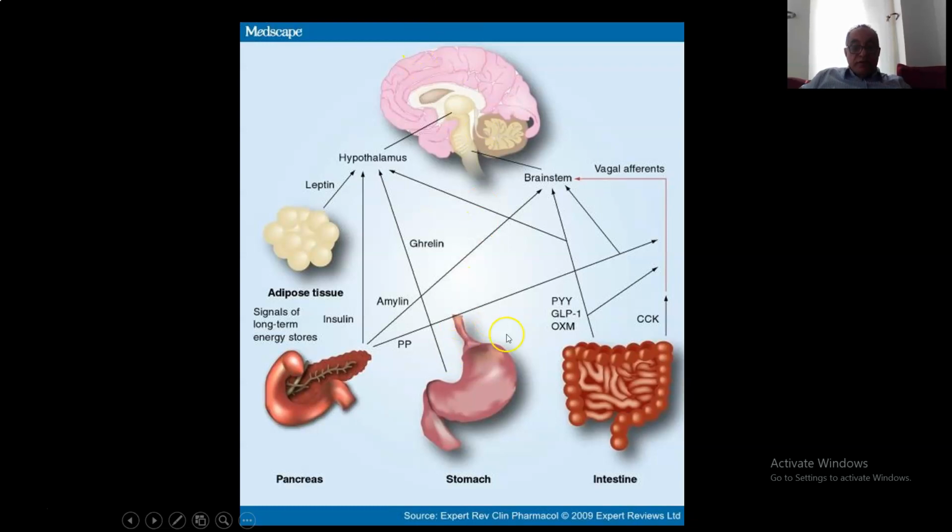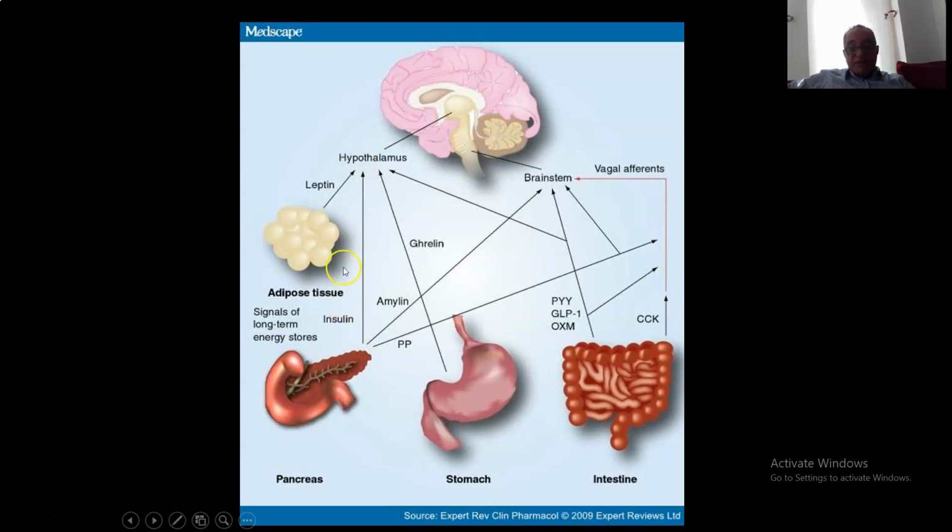Also, again, we have the information given from the stomach, from the pancreas, from the intestine, going back, vagal afferents, brainstem, and reaching at the end the hypothalamus to act. So, for instance, the adipose tissue produces a substance called leptin, which reaches the hypothalamus.